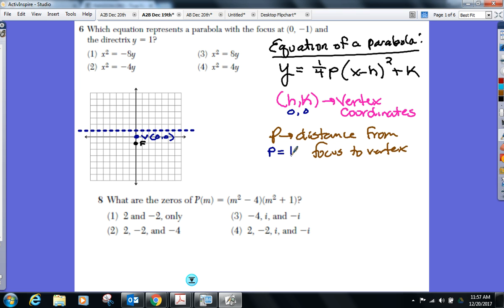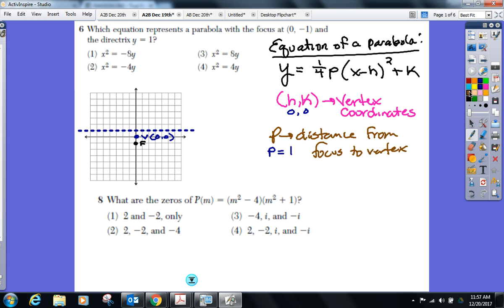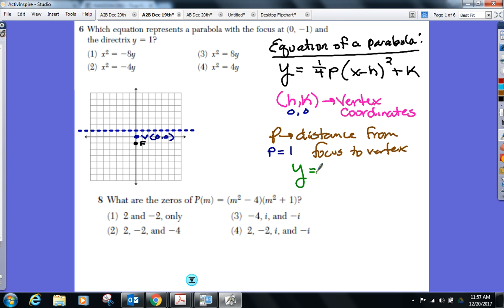Write the equation. Here we go. y equals 1/4 times p. What's our p-value? 1. So 1/4 times 1? Just 1/4. So 1/4.